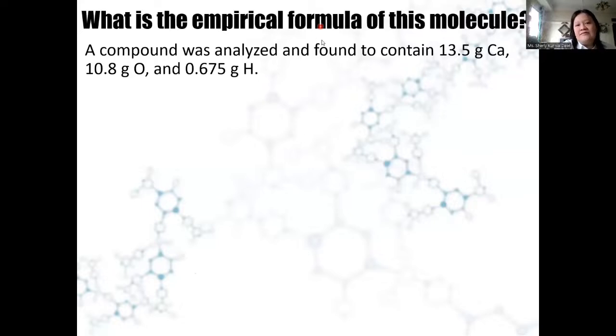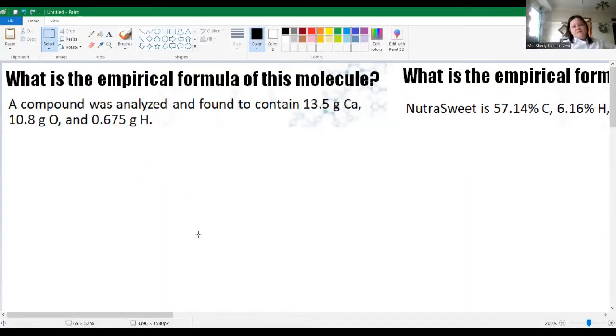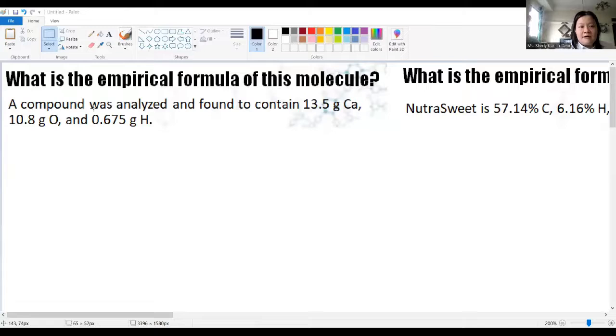Okay, the first example. To determine the empirical formula, you can be given the mass in grams or in percent. We will go to the example here. What is the empirical formula of this compound?